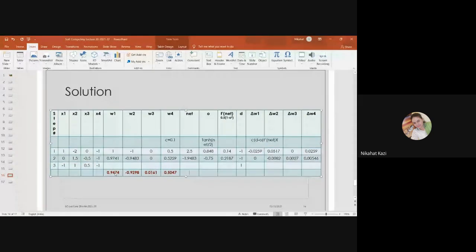So this is the final weights, W4. Just complete this last row as an exercise.